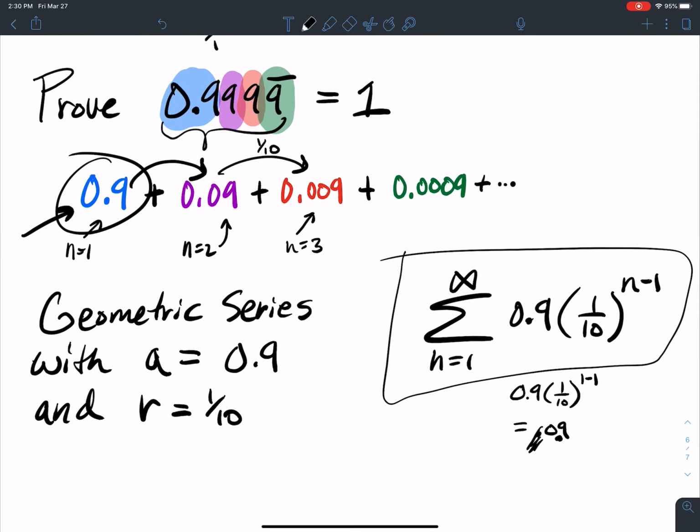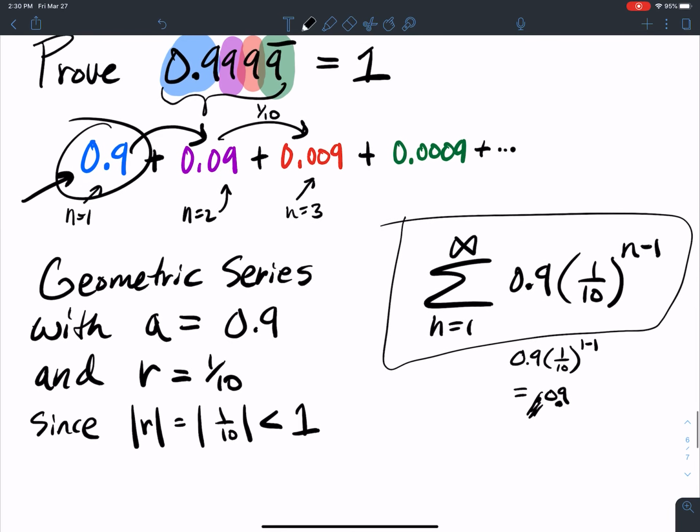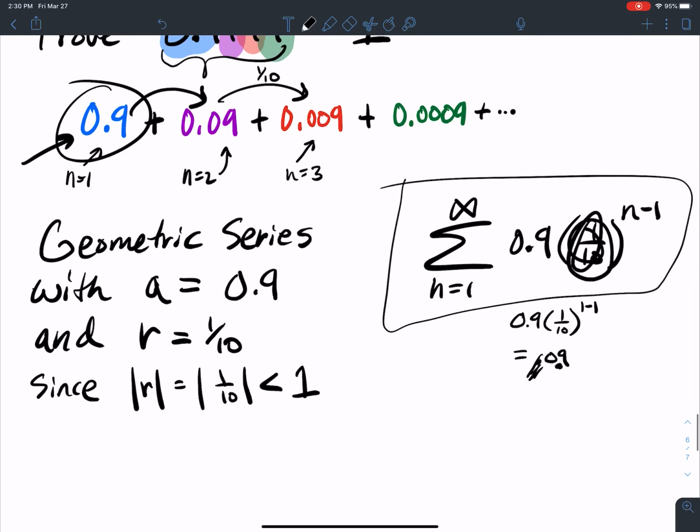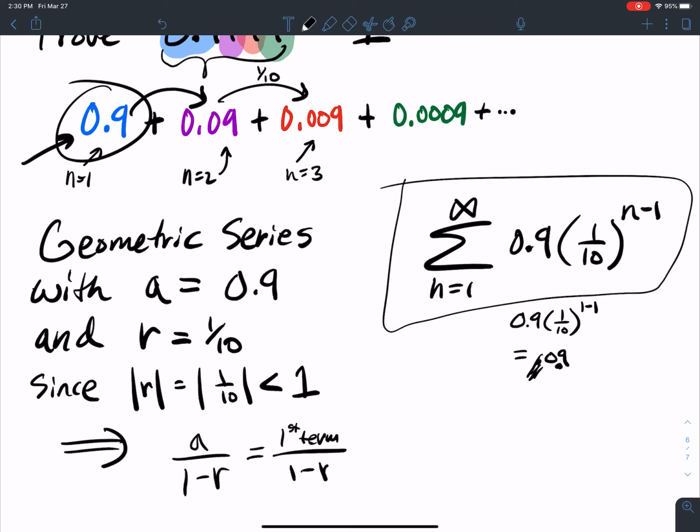Okay, guess what? Since the absolute value of r equals the absolute value of 1/10, which is less than 1, what do we know if my common ratio is less than 1? That tells me that the series converges to a over 1 minus r, which is the first term over 1 minus r.